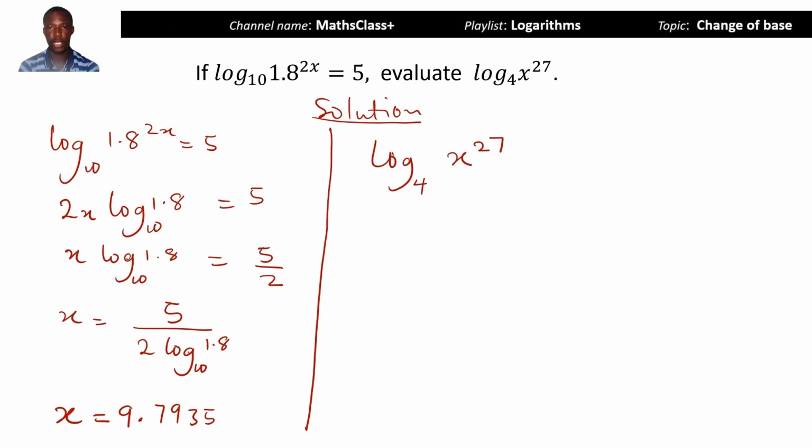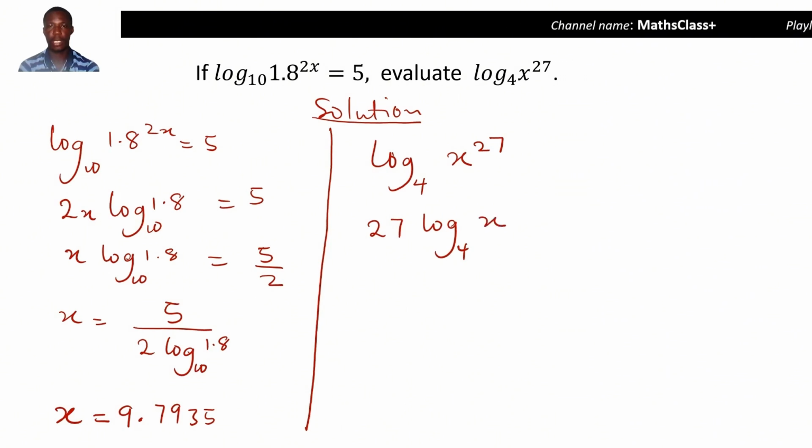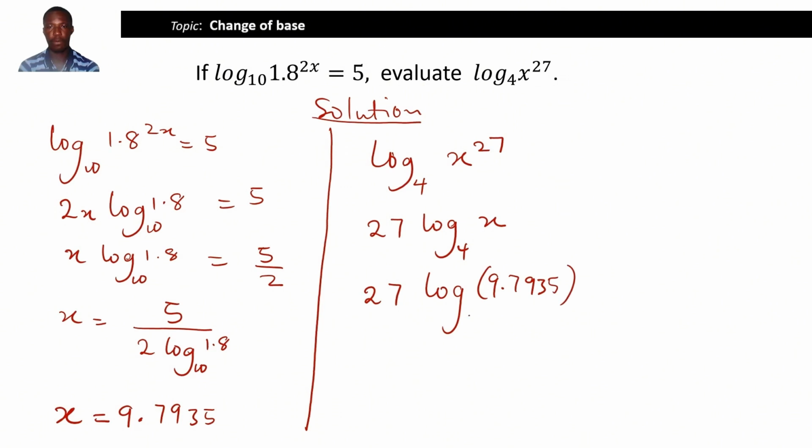So first of all, I will drop the exponent as 27 log to the base 4 of x, and then I will do my substitution. So 27 log 9.7935 base 4.